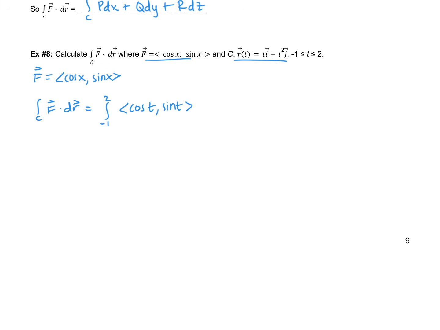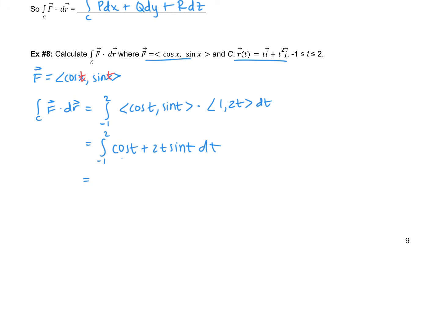Sorry, poor notation. This should be a t above, not an x. And we're dotting that with r prime, which is 1, 2t, dt. So this gives us then the integral from -1 to 2 of cosine t, add 2t sine of t, dt.